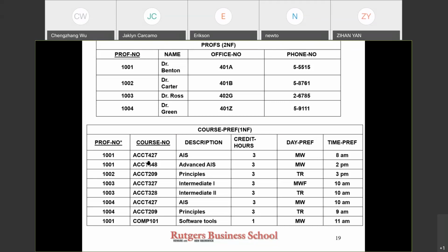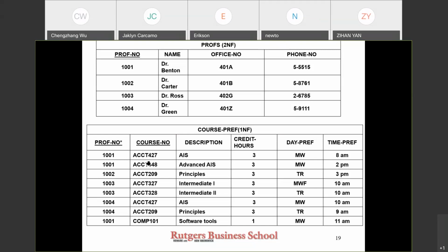So this inability to add data to the database is called an insert anomaly. That is, the user is not able to insert data because of the structure of the table. And this anomaly will be discussed later.